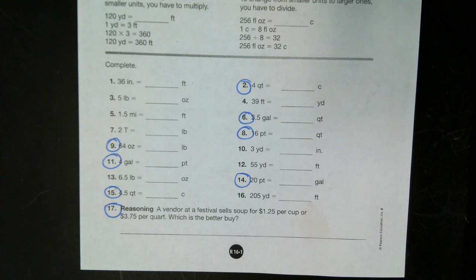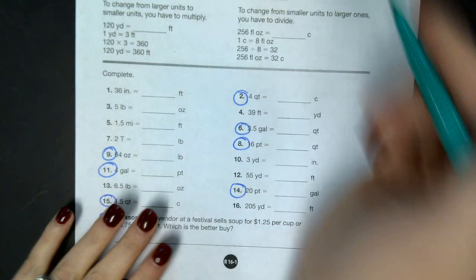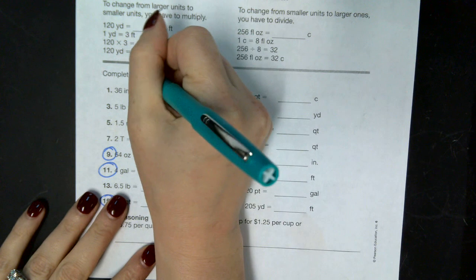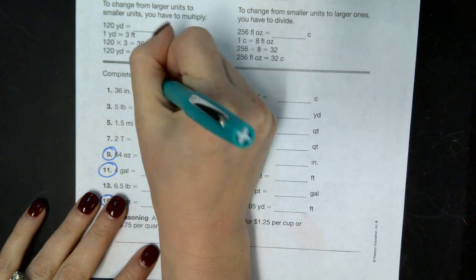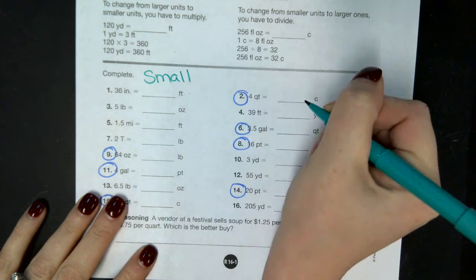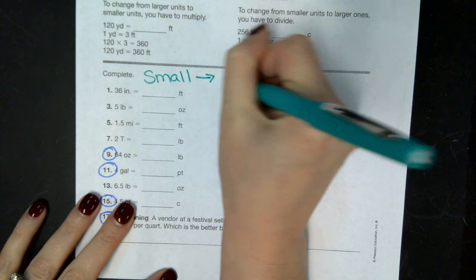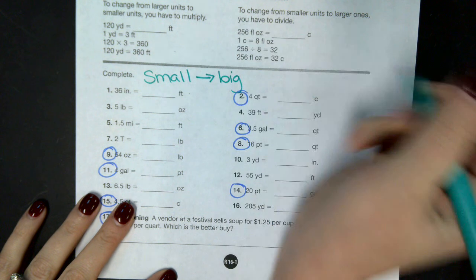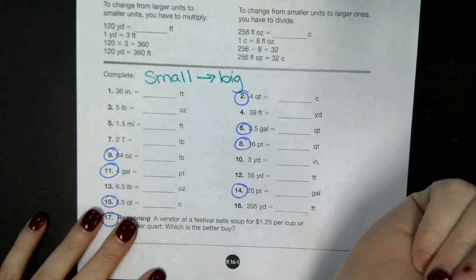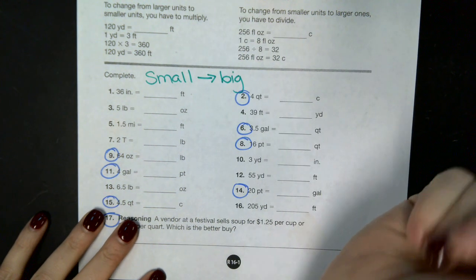Now remember our rule that we did yesterday, where if it was a small measurement, like inches, to a bigger measurement, then we did what? Divided.